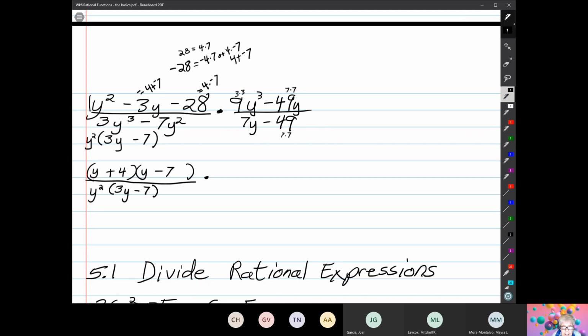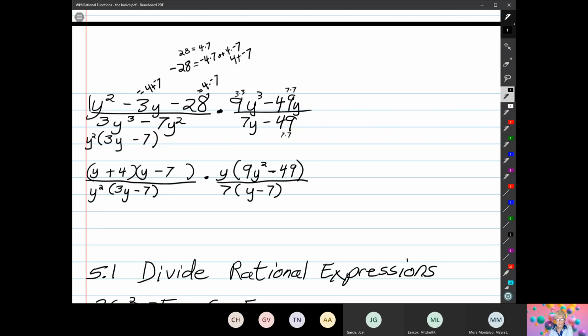The only common factor here is a y. Y times 9y squared minus 49, over. Now, both of these terms contain a 7. 7 times y minus 7.